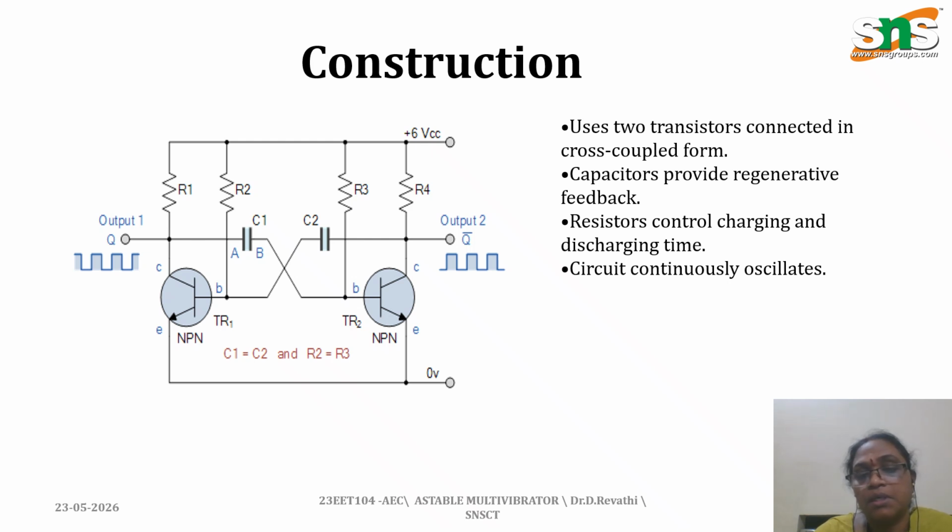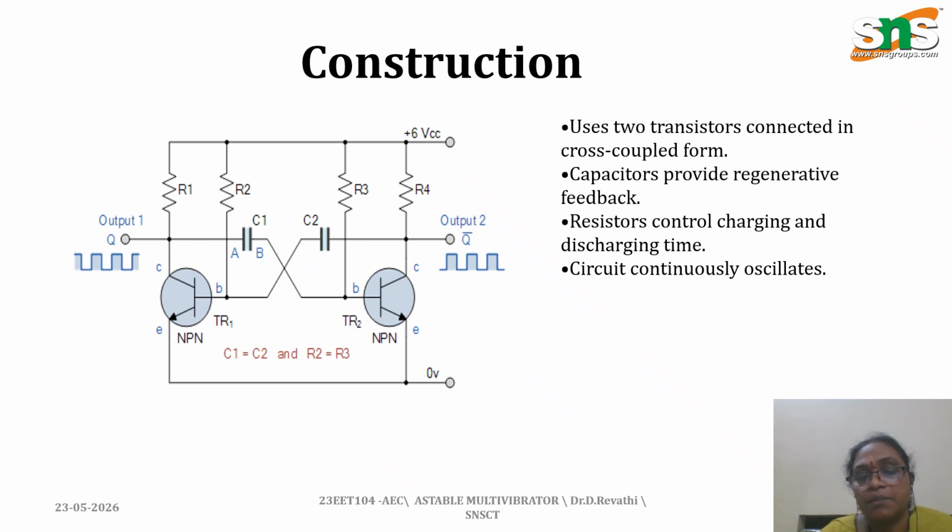Likewise, the collector output of one transistor is given to the base of the other transistor. Likewise, for the second transistor, the collector output is given to the base of the other transistor. This is what we call cross coupled transistors.